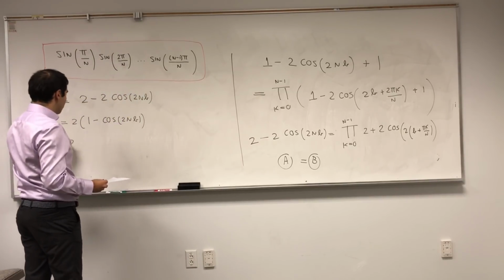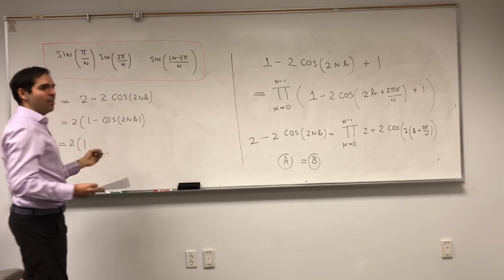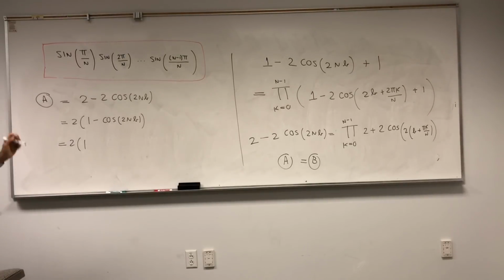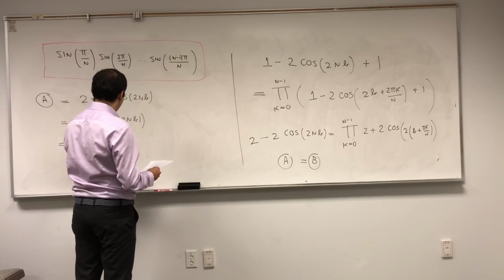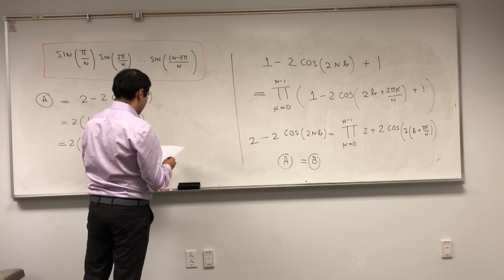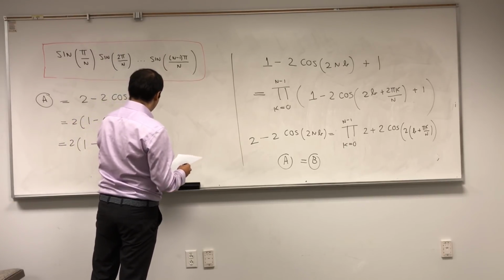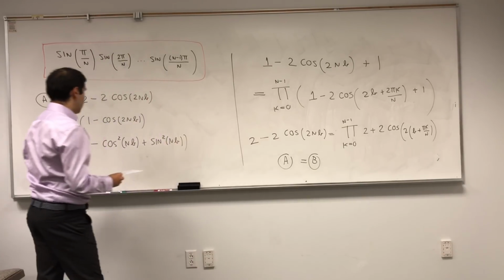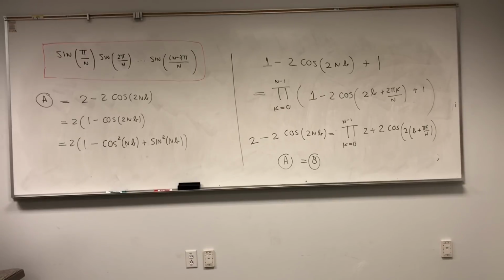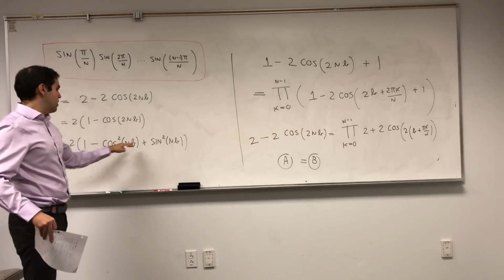And now remember the nice identity, cosine of 2x is cosine squared of x minus sine squared of x. So this becomes 1 minus cosine squared of nb plus sine squared of nb. And you'll see in a second, it would be nice if we had terms of the same form.